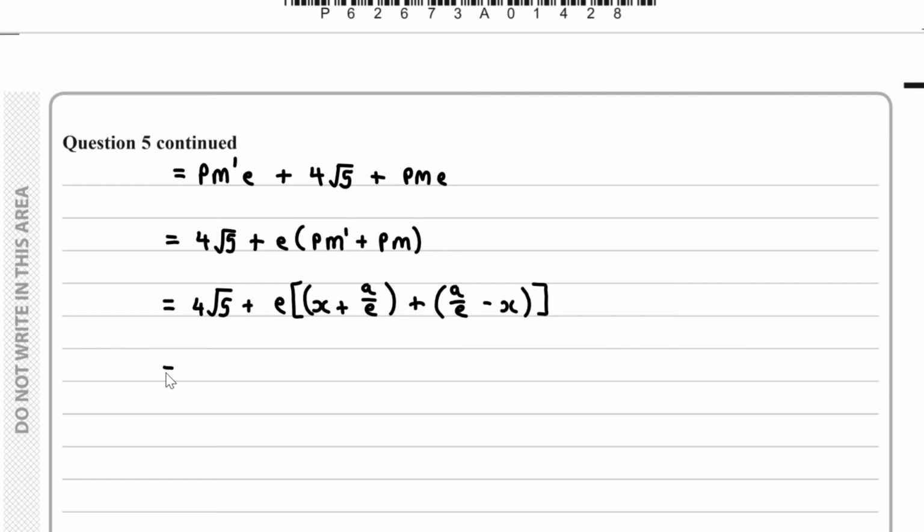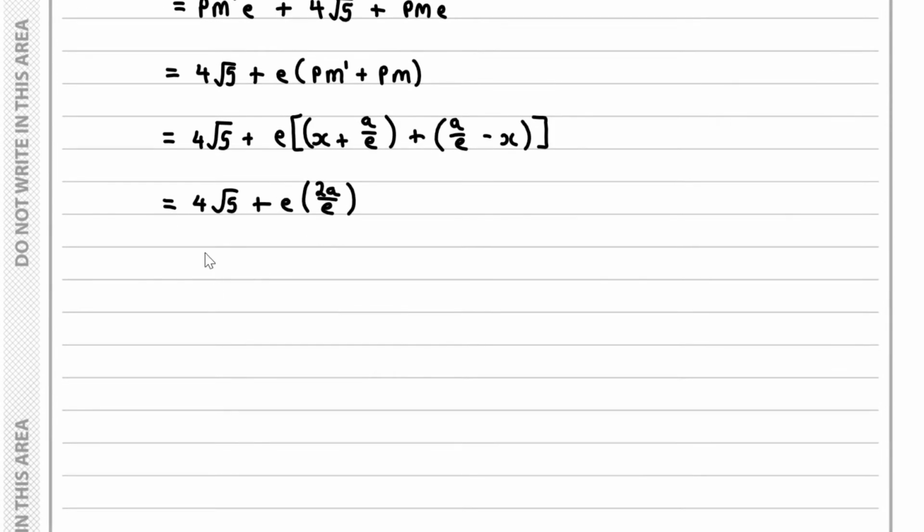So if we tidy this up, we have 4 root 5 plus e lots of, well, here we would have x minus x, which is 0x, and then we've got a over e plus another a over e. So here we would have 2a over e. And the e's here cancel.